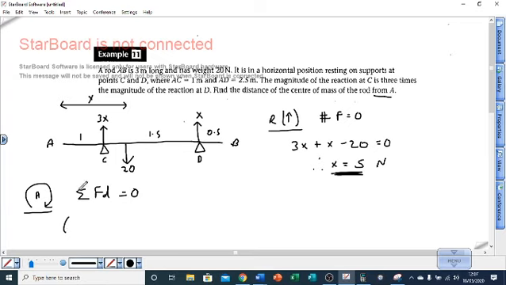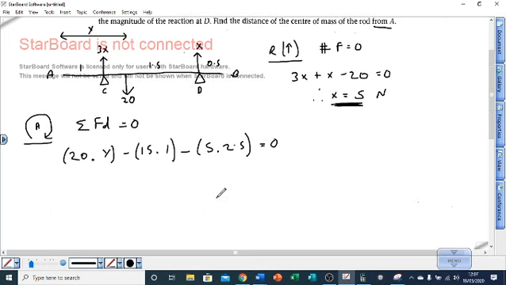The only clockwise moment is this one here, so 20 multiplied by this distance here, which is y. The others are negative moments. This one here is 3 times 5, which is 15, multiplied by its distance, which is 1, and this is also anti-clockwise, negative, so it is 5 newtons multiplied by its distance, which is 2.5. And we know the sum of those moments is equal to 0.